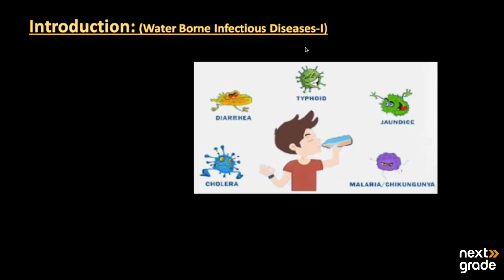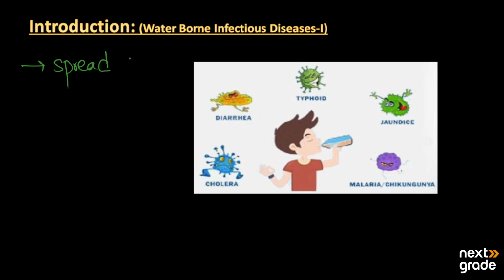So the topic that we will discuss today is waterborne infectious diseases, that is, what types of infectious diseases may be caused by waterborne infections. First, when the water gets polluted, different types of diseases spread.